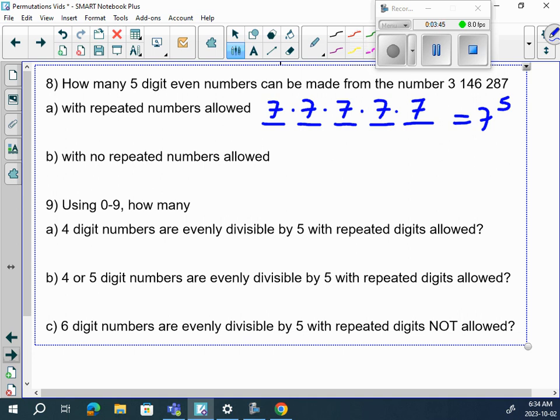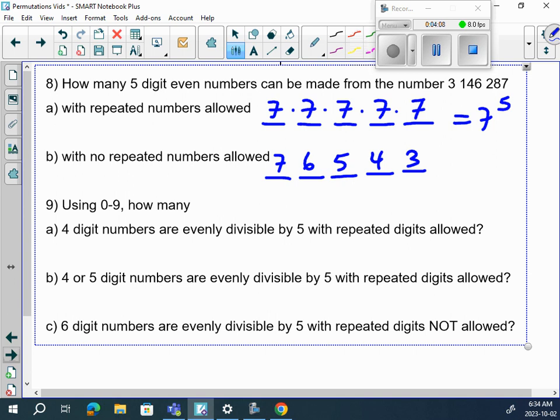No repeated numbers, so this is sort of the more traditional question, but again, the setup can be exactly the same. There are 7 possible values here. It can be the 3, the 1, the 4, the 6, the 2, the 8, or the 7. Whichever one has been used is now no longer available for the next position, and so on, and so on.